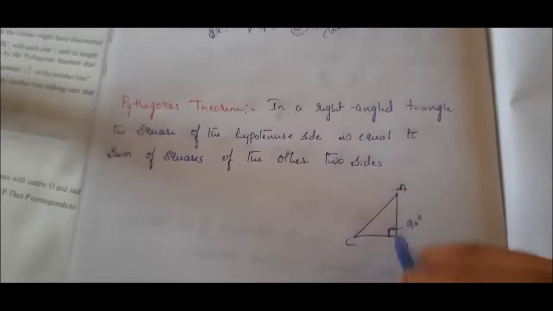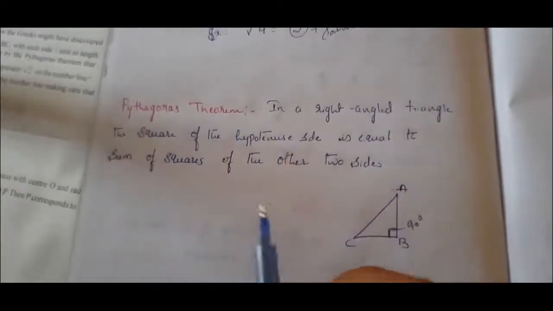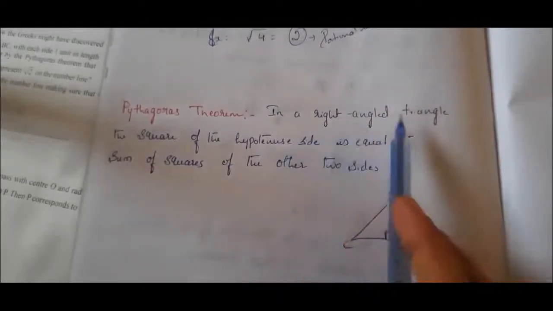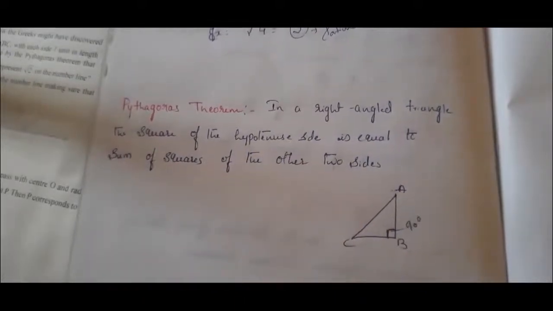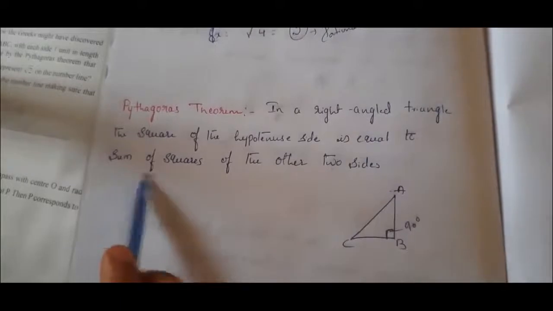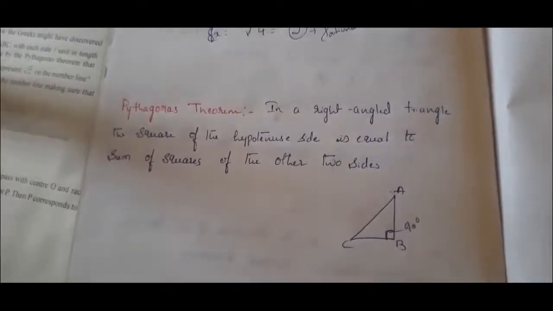On the basis of this, the Pythagoras theorem is stated. In a right angle triangle, the square of the hypotenuse is equal to the sum of the squares of the other two sides.